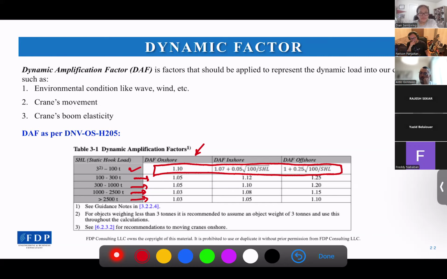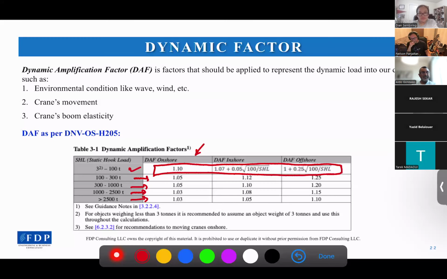It doesn't mean offshore is only on the sea, full sea. Sometimes we put the crane on top of the jetty and the load is on the barge. So if the crane is working onshore, we still need to work with the offshore dynamic factor. You got my point? Does somebody understand?